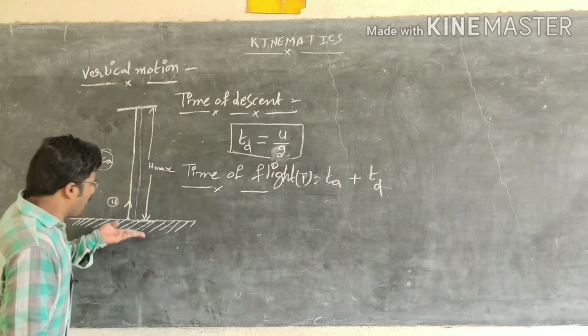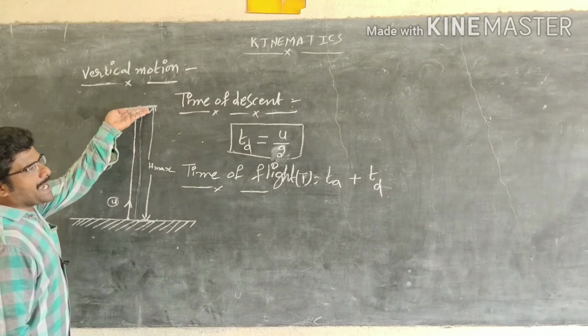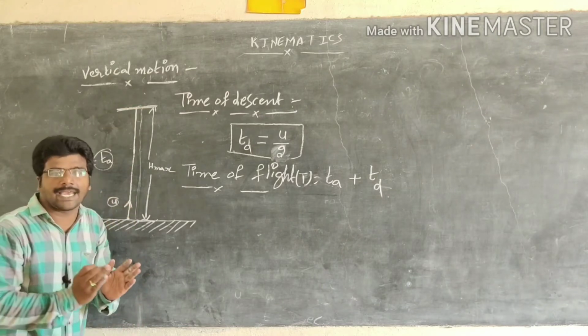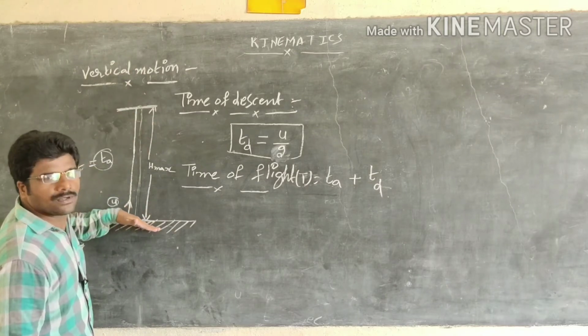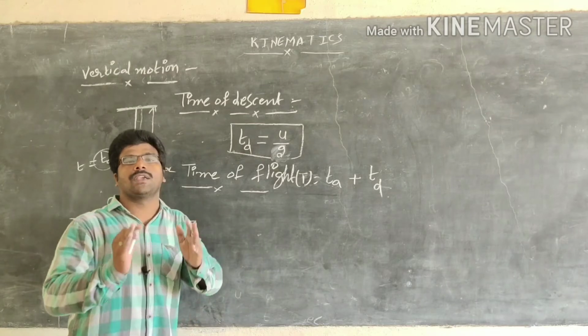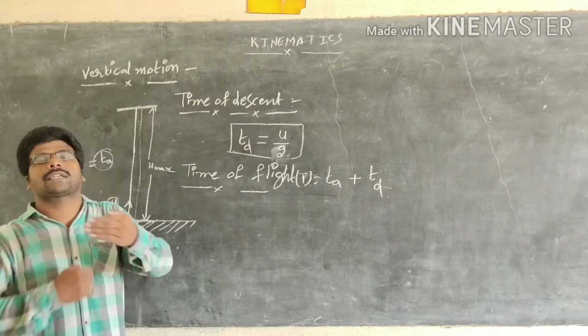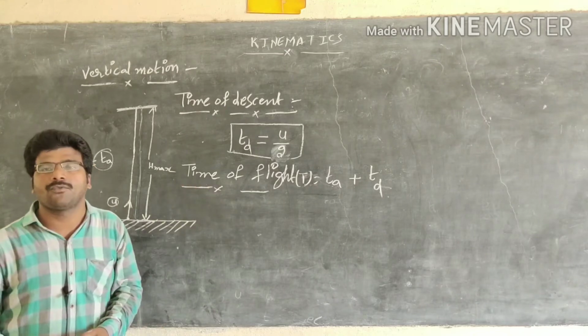That means if you project a body from the ground surface until it reaches the maximum height, it will be in air. In the same way, when the body is reaching the ground from the maximum height, at that time also the body will be in air. The total time in which the body is in air is known as time of flight.